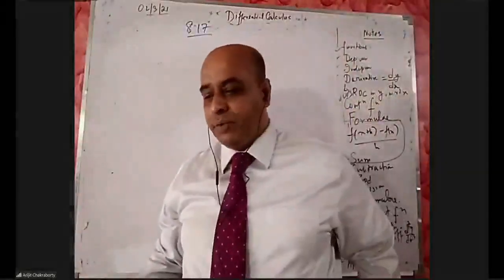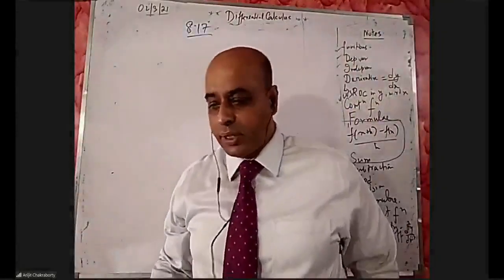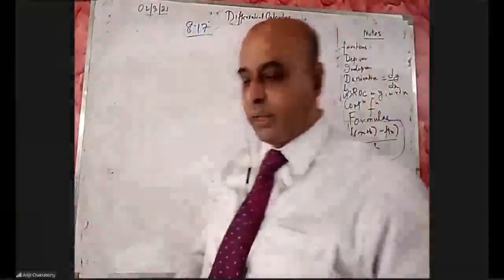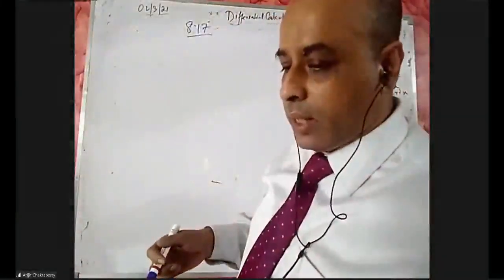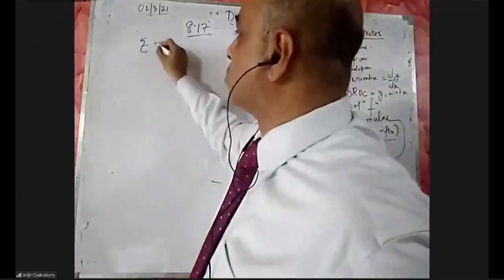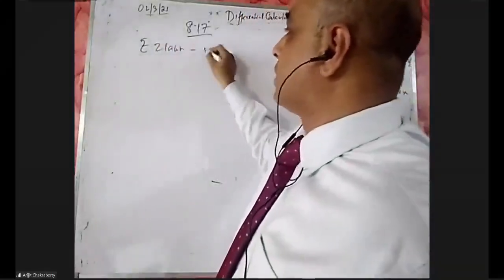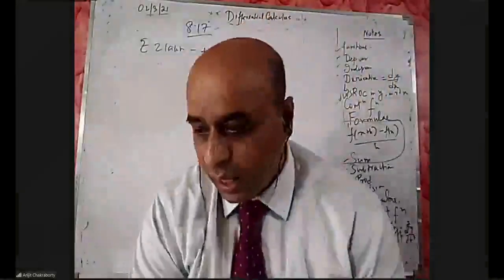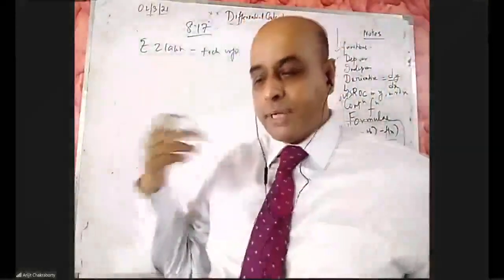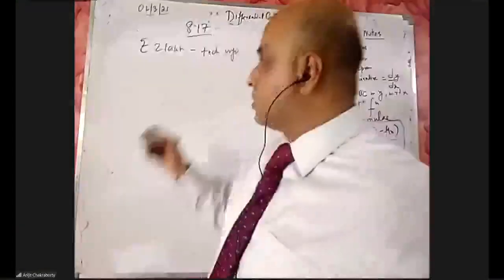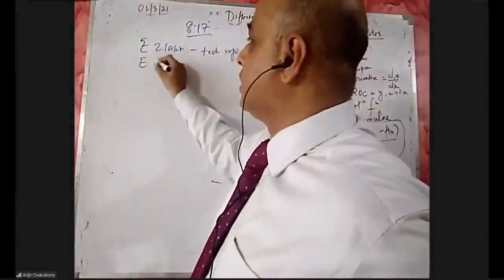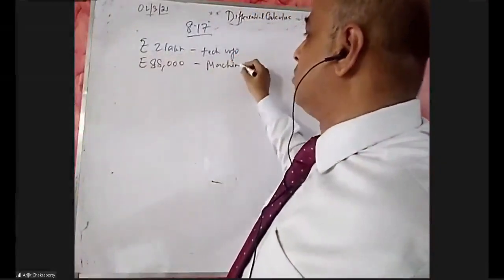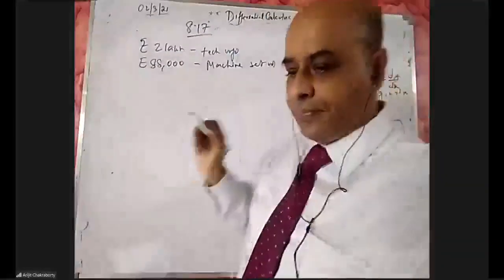A computer software company wishes to start production of floppy disks. It was observed that the company had to spend 2 lakh rupees for the technical information, and the cost of setting up the machine is 88,000. Machine setup is 88,000.